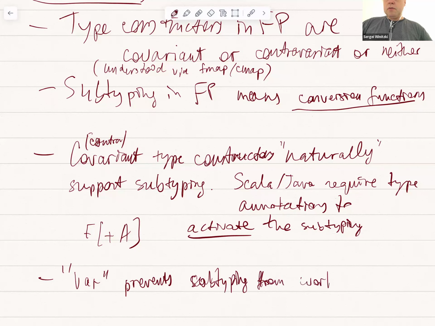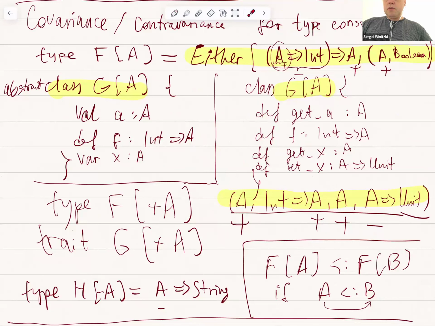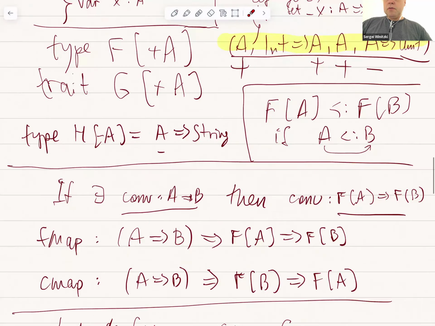Because if you have a data structure with a var like this, with this type A, or anything that involves the type parameter A, then this is translated into a getter and a setter, and that will automatically put both in the negative and the positive positions, which will prevent subtyping from working.